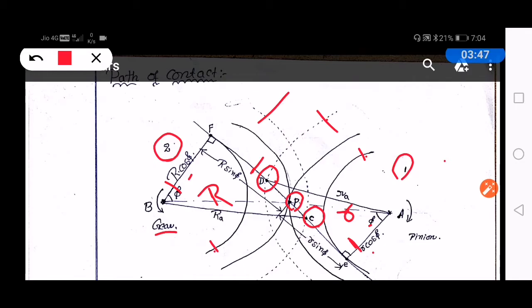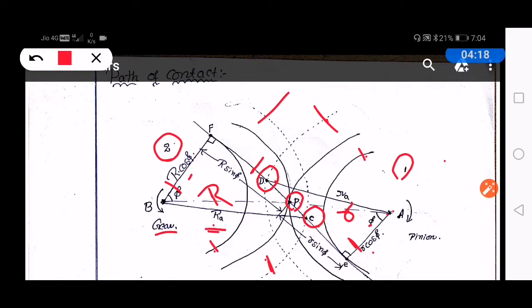The distance from point A to D is the addendum circle radius, and I am indicating it with small RA. Similarly, the distance from the center to the addendum circle of the gear, that is BC, I am also indicating with capital RA.